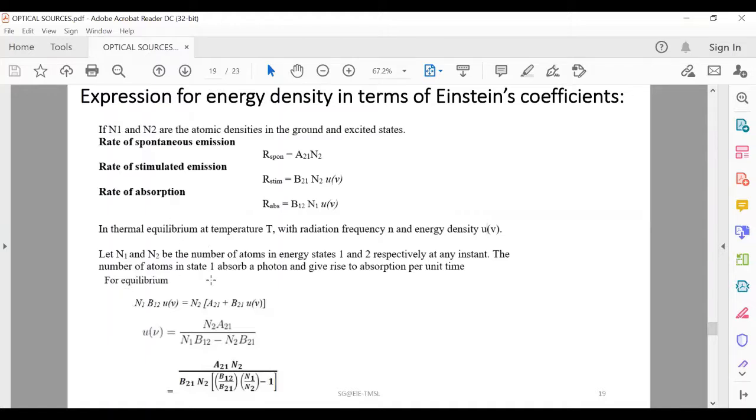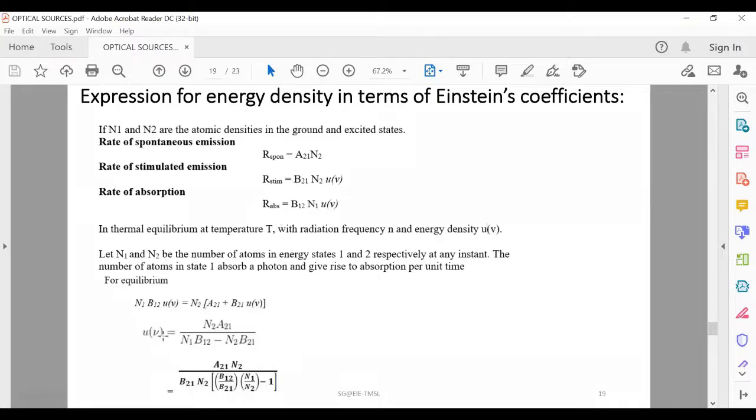That's why for the equilibrium concept, the rate of absorption is equivalent to the rate of spontaneous emission plus stimulated emission.